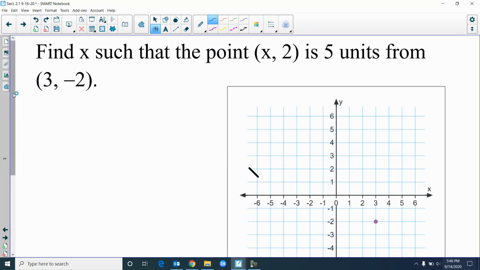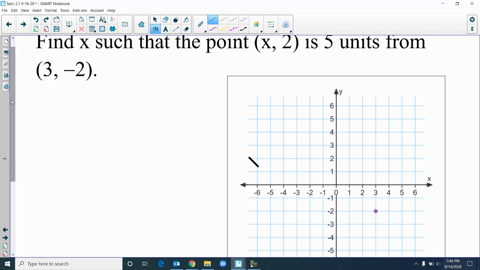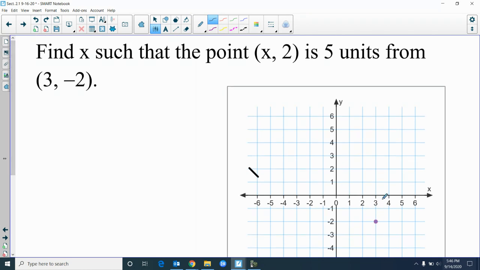All right. Now this problem isn't as straightforward. Find x such that the point (x, 2) is 5 units from (3, -2). I'm not sure if this is drawn out on your paper or not. It may not be, but drawings sometimes help to understand what's going on. Here's the point (3, -2). I need a point that is 5 units away.